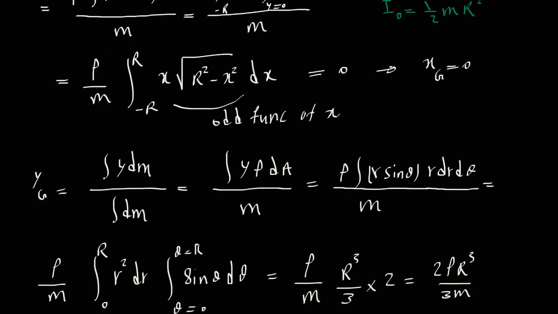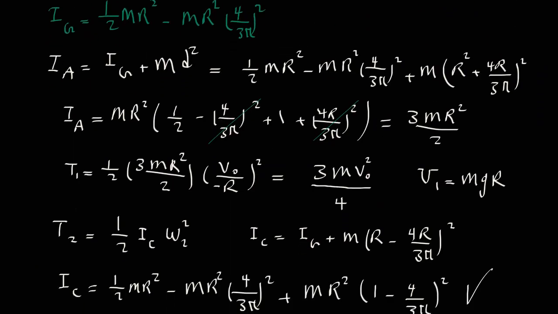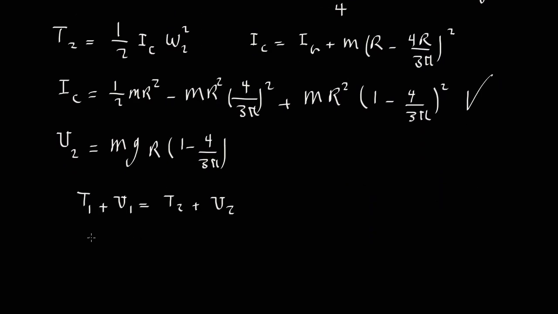So T1 is 3mv squared over 4. I would say that this is 3 times m, which is 4 kilogram, times v naught, which is 2, squared, over 4, plus u1.